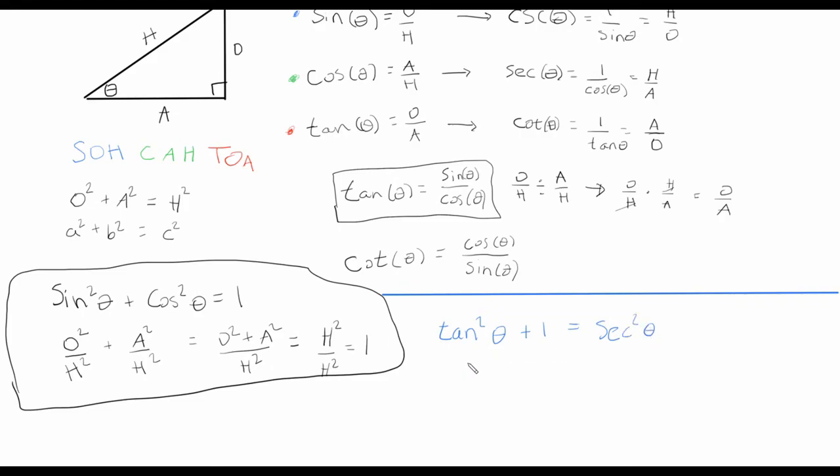You might see this in another form, like tangent squared minus secant squared is equal to negative 1, or some weird variation, but this is how I usually see it. We're going to do the same thing. We're going to rewrite tangent as opposite over adjacent, except we're squaring it.